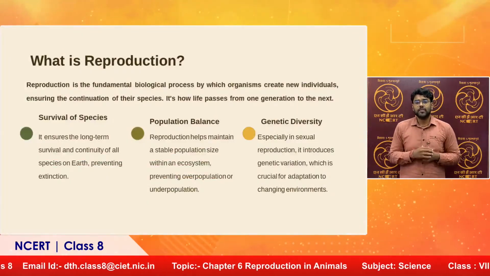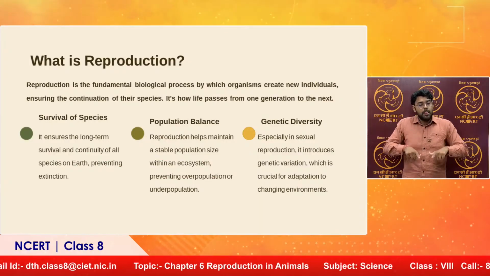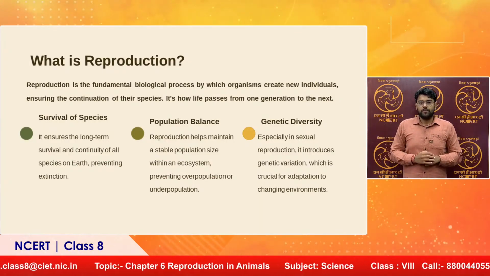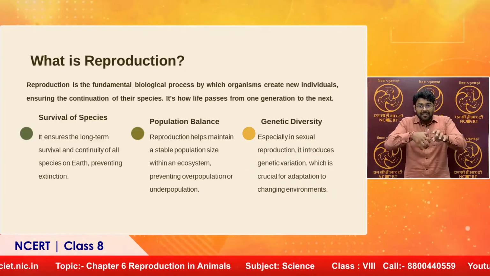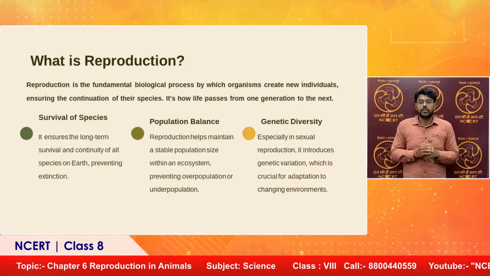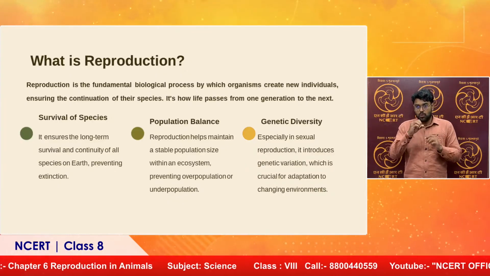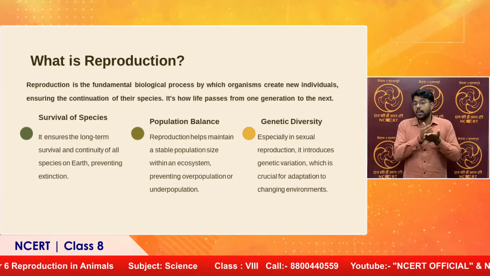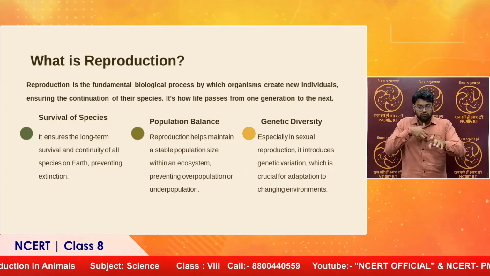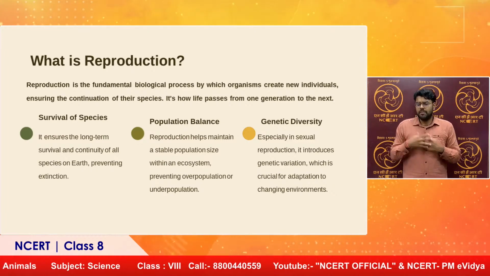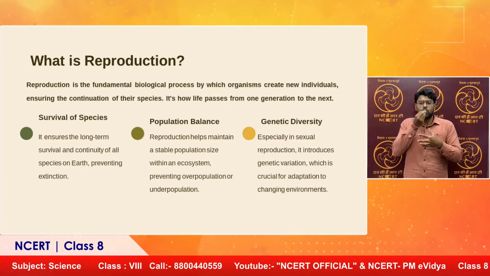So what is required for that? The species should survive. Next, there needs to be population balance. So reproduction helps create a stable population within the ecosystem, right? We have studied food chains. Now what happens in a food chain?